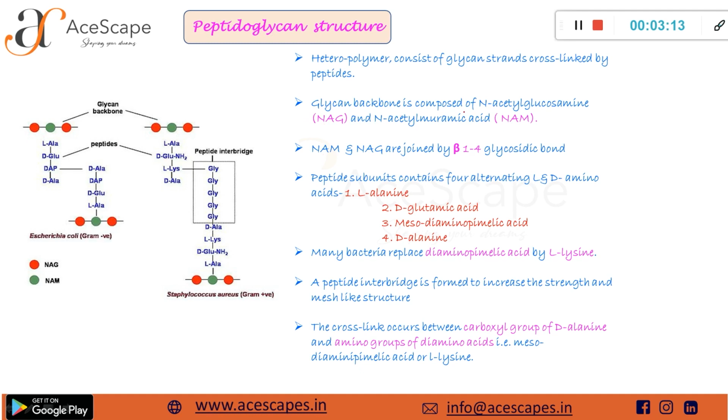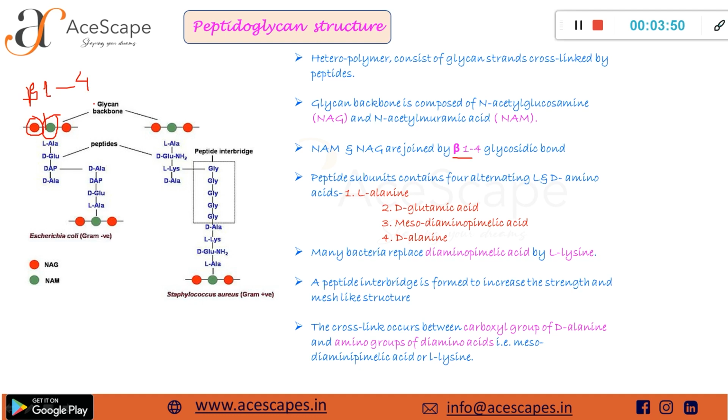The glycan backbone is composed of N-acetyl glucosamine, NAG, and N-acetyl muramic acid, NAM. These are joined together by a beta 1,4 glycosidic bond.